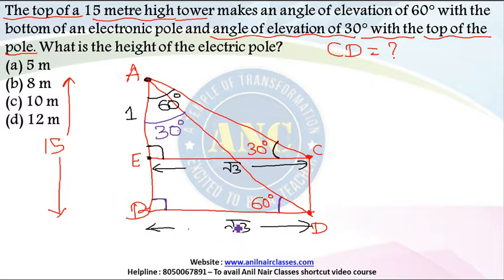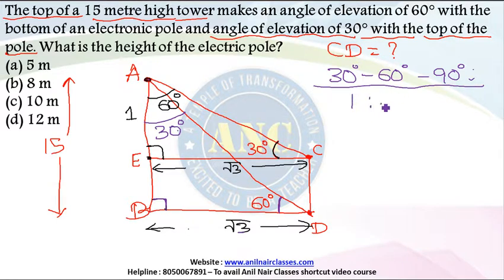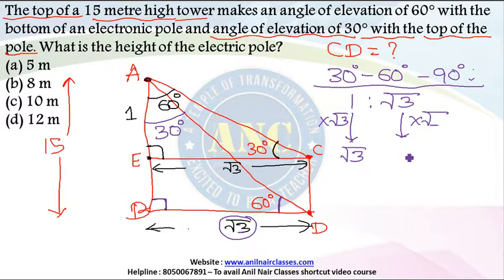In a 30, 60, 90 degree triangle, opposite to 30 if it is 1, opposite to 60 is root 3, but opposite to 30 is already fixed here as root 3. So make this 1 as root 3. 1 into root 3 is root 3. Root 3 into root 3, opposite to 60 should be 3.